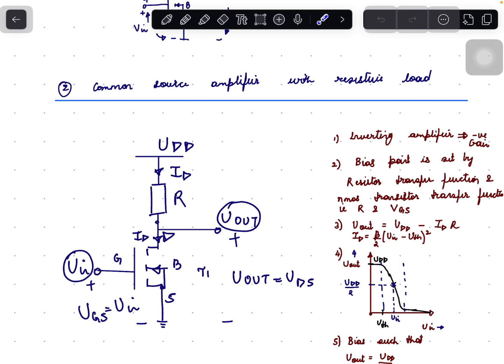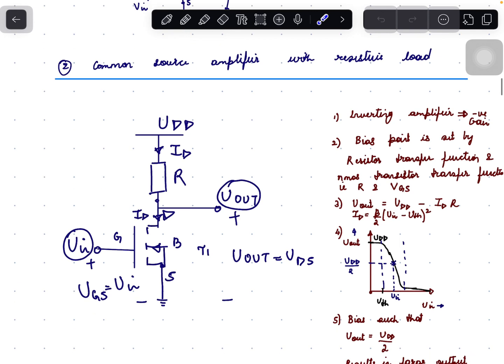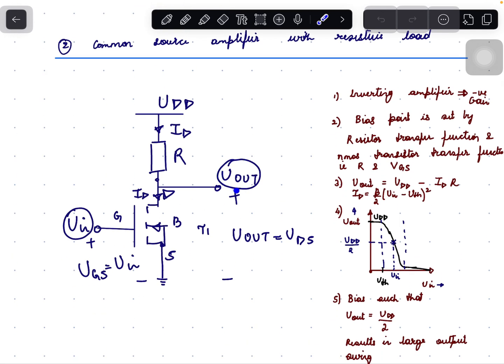That is, the bias point is set by the resistor transfer function and the NMOS transfer function, that is by R and VGS. The output voltage Vout is given by VDD minus ID times R. ID is defined by the bias point at which the NMOS is operated.